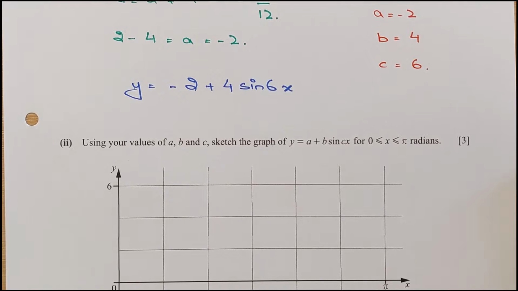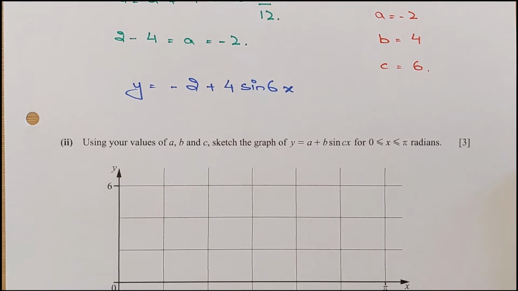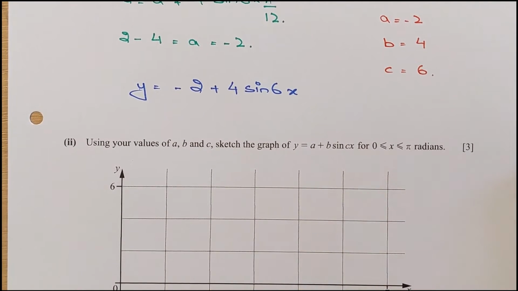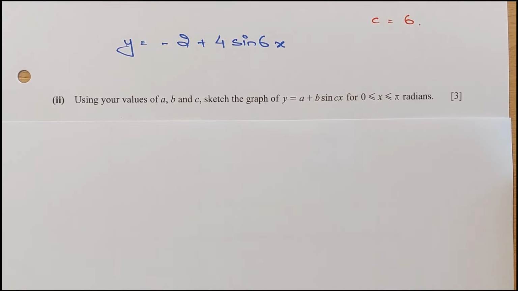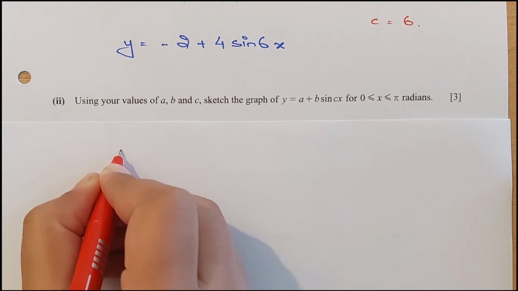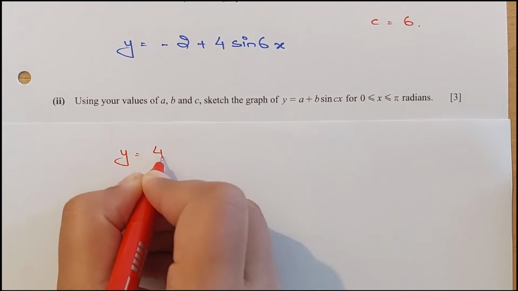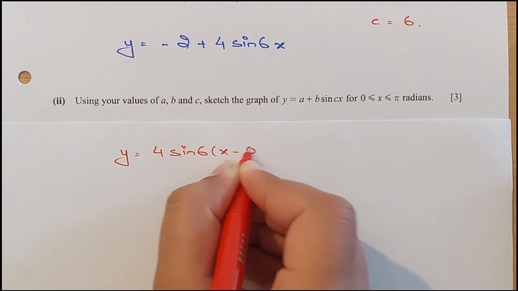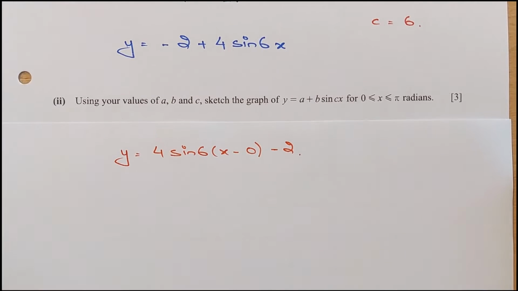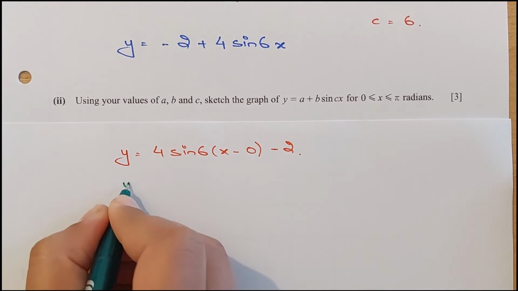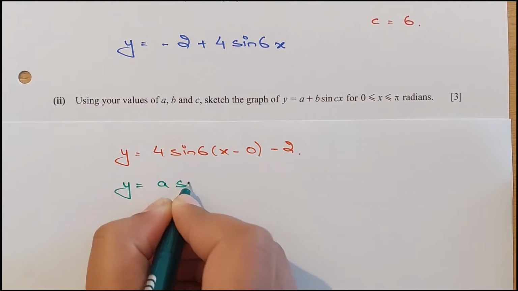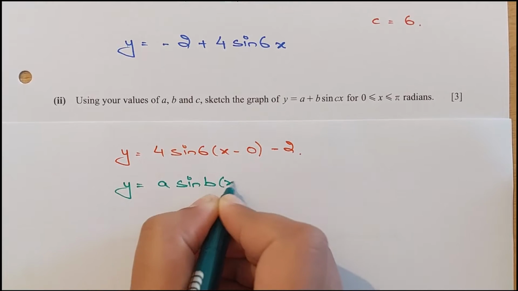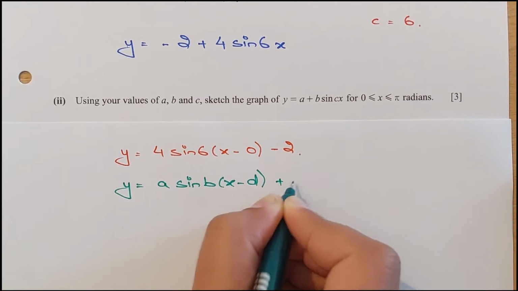Right. Now for the second part, using your values of a, b, c, sketch the graph of the function for x between 0 and pi radians. So we have a sinusoidal function: y equals 4 sine 6x minus 0, minus 2. So this is basically y equals a sine b(x minus d) plus c.